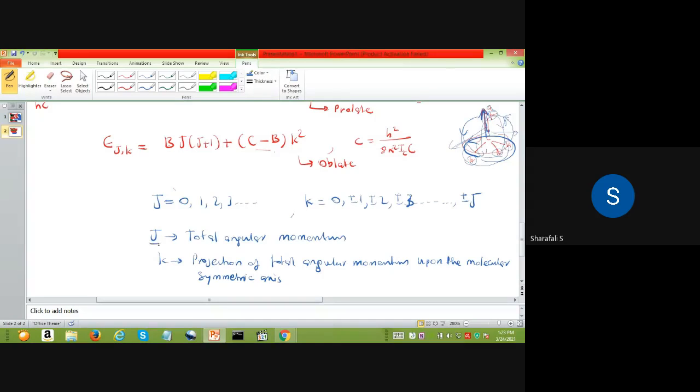So J represents the total angular momentum, and K is the projection of that total angular momentum.